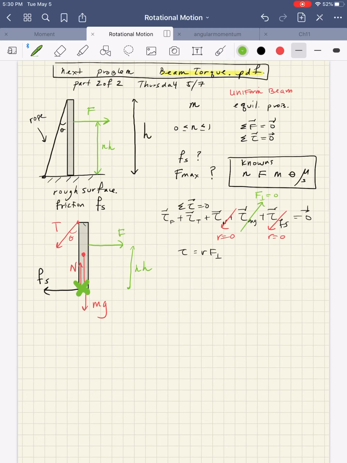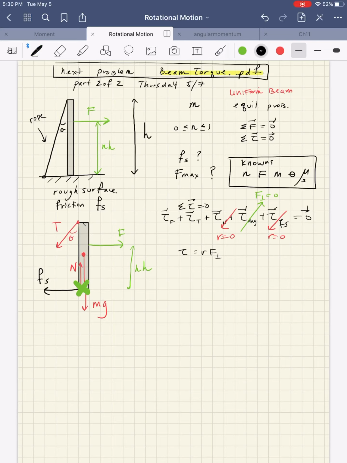All of the force is parallel to the r vector. And so really that just leaves F and tension. I don't have the same problem with those 2 because all of the force F is perpendicular to the r vector for F. And if this is the r vector for tension, I can at least break part of tension up into a perpendicular component like this.